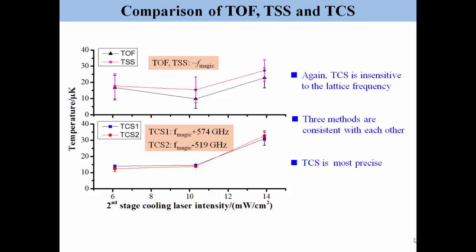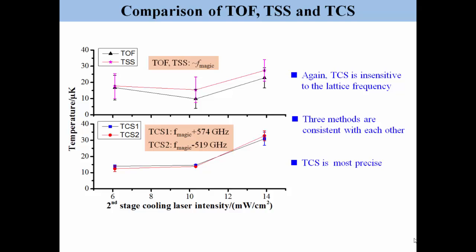We vary the temperature by changing the second stage cooling laser intensity and find that again the TCS is insensitive to the lattice frequency. And the three methods are consistent with each other.